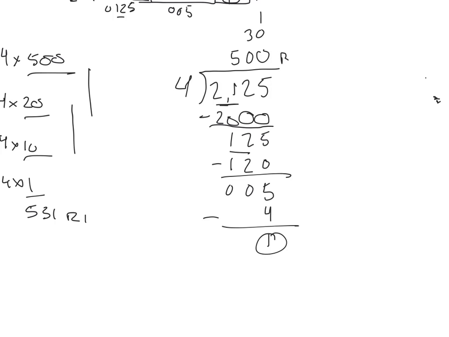That's going to be my remainder. And so once again, I'm going to add these partial quotients up. And so I'm going to get 531, remainder 1.